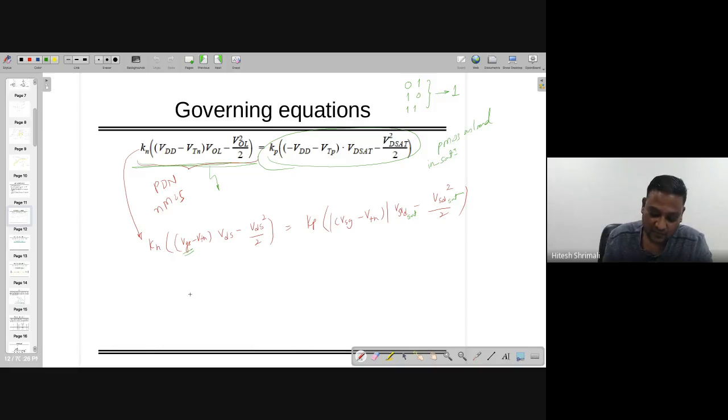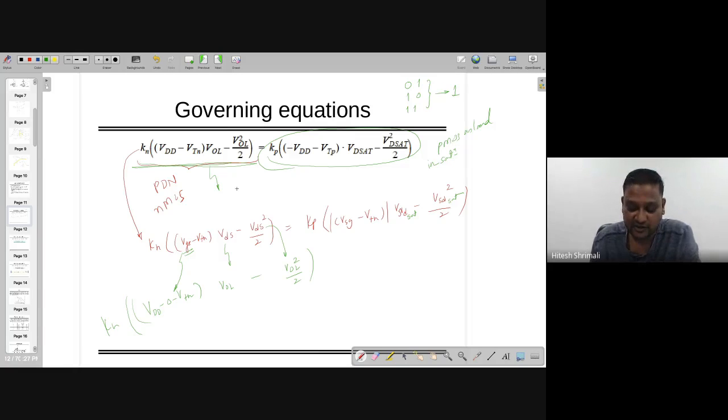So drain to source voltage is replaced with VOL. If I am looking at VGS, it means gate is connected to VDD and source is connected to 0.